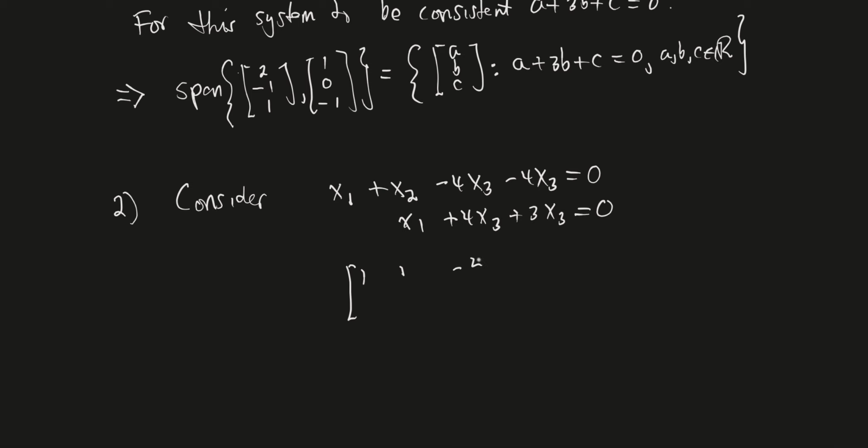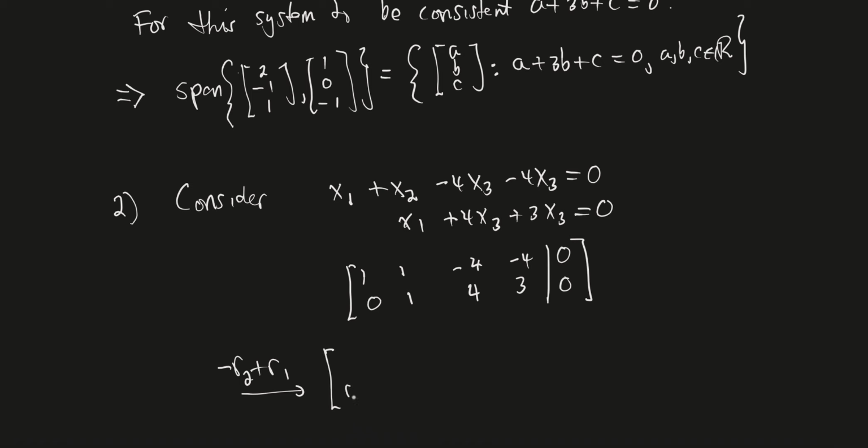We got -4, and another -4, and then we got our zeros there, and then 1, 4, 3, and then our placeholders there, right? So again, it's almost in reduced row echelon form. I just need to eliminate this. So let's take the negative of row 2 and add it to row 1.